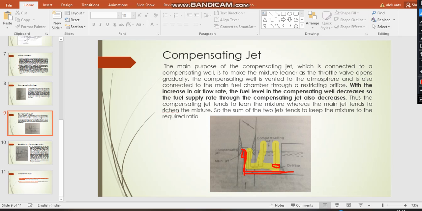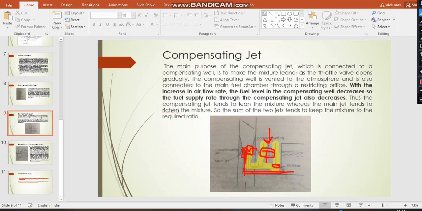Now, how does it function? As the level of the fuel inside the compensating well goes down, similarly the quantity of the fuel coming out from the compensating jet also decreases. So the fuel supply rate from the compensating jet is in direct accordance with the level of the fuel in the compensating well, or the compensating tank, we can say.